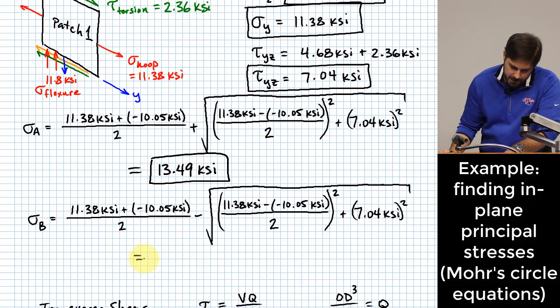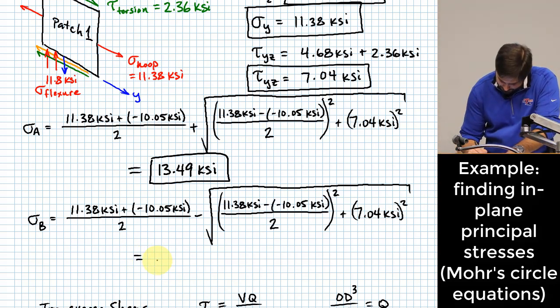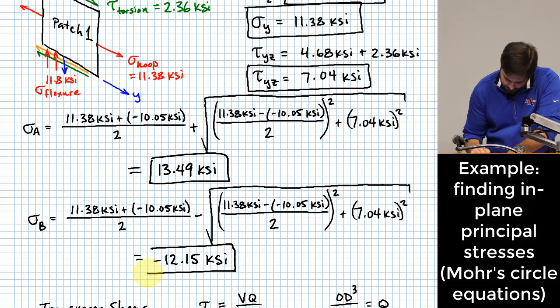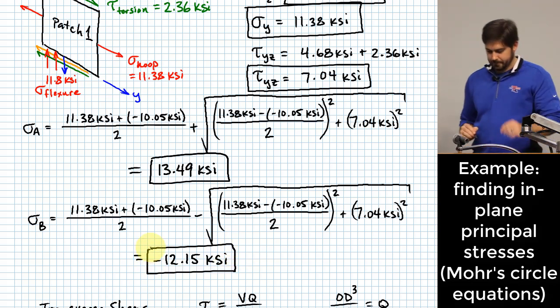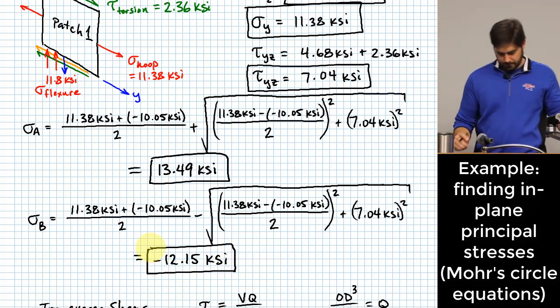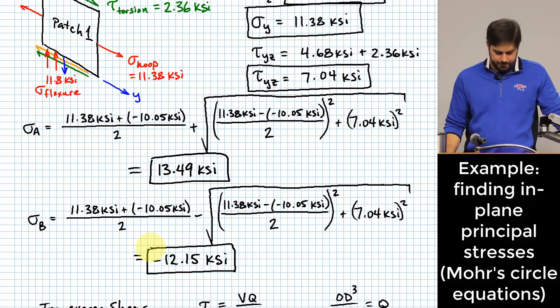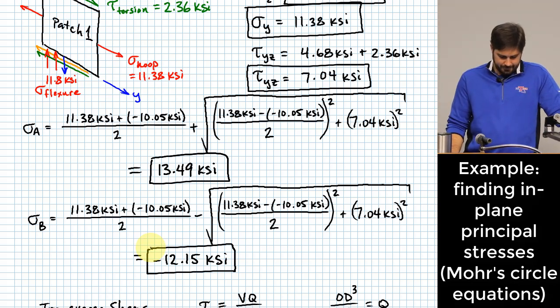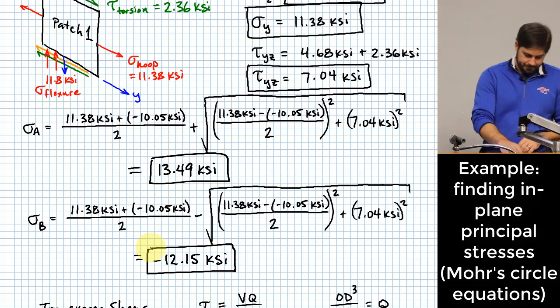And for sigma B, I've got negative 12.15 KSI. All right, so there's my in-plane principal stresses.